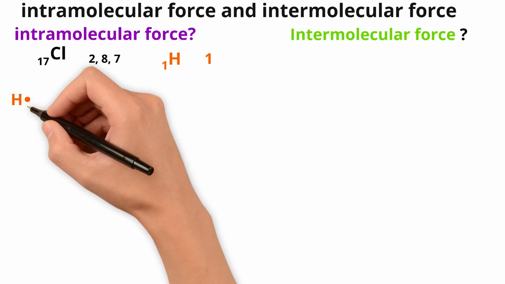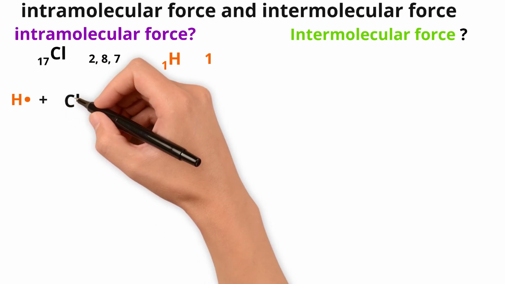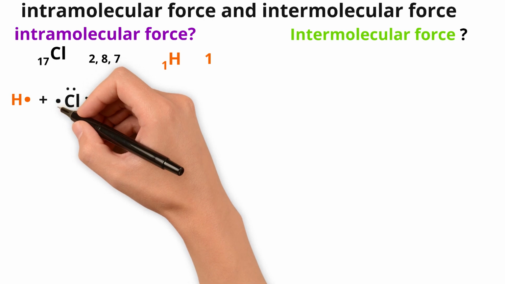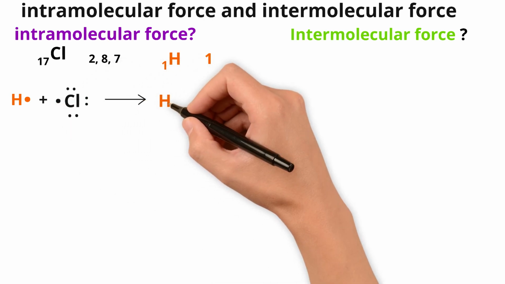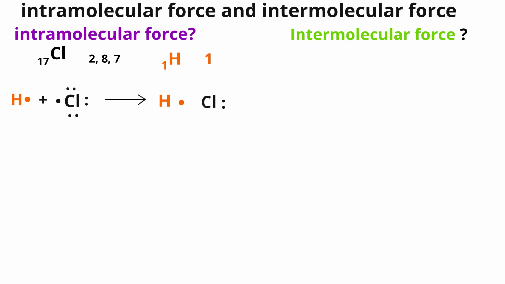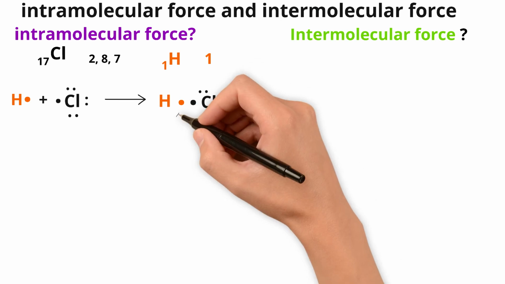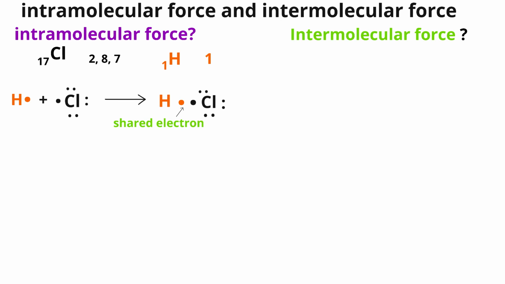To form hydrogen chloride, both hydrogen and chlorine must contribute one electron and form shared electrons. These shared electrons come from one electron from hydrogen and the other electron from chlorine, and we call them shared electrons. Now, the shared electrons form a single bond.